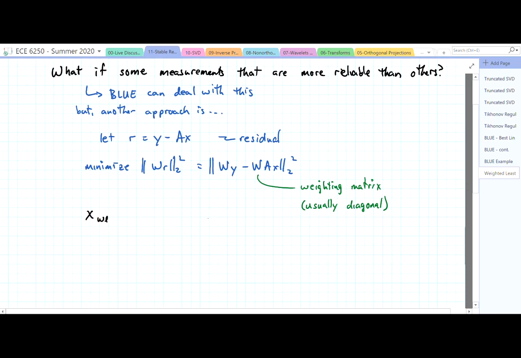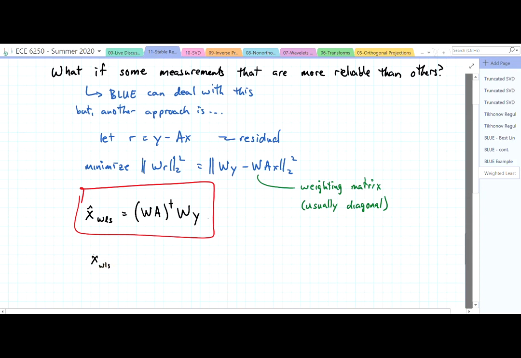The solution, the weighted least squares solution, is just equal to (WA) pseudo inverse times Wy, which could also be expressed as x_WLS is equal to (AᵀWᵀWA) inverse, when WA is full rank, times AᵀWᵀW times y.